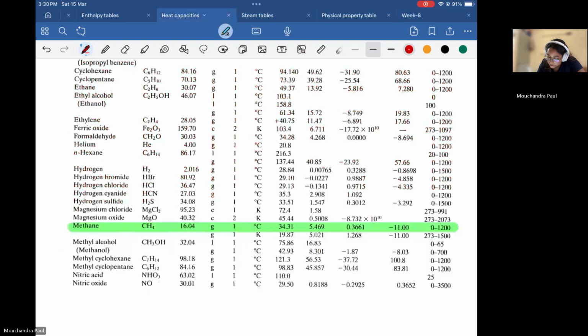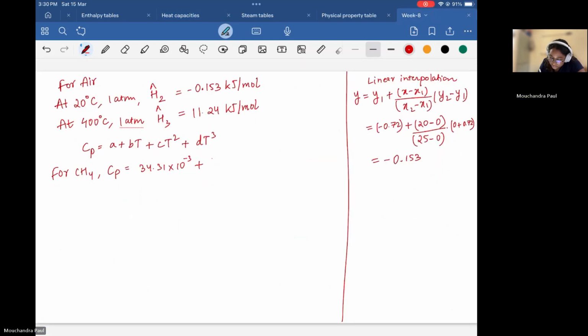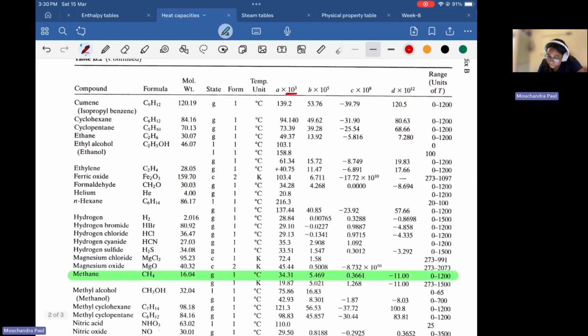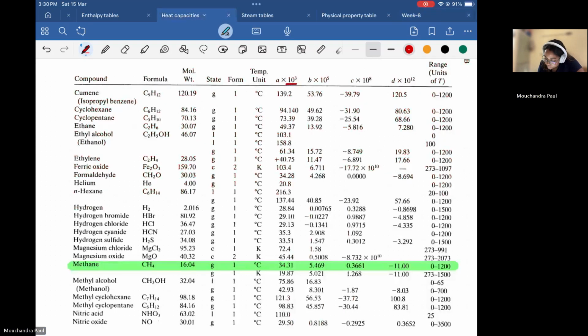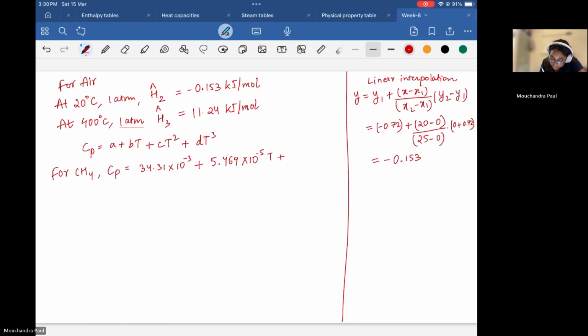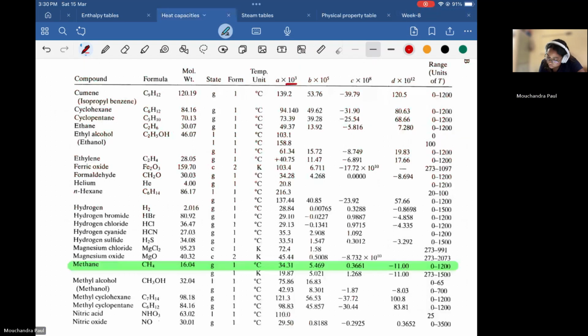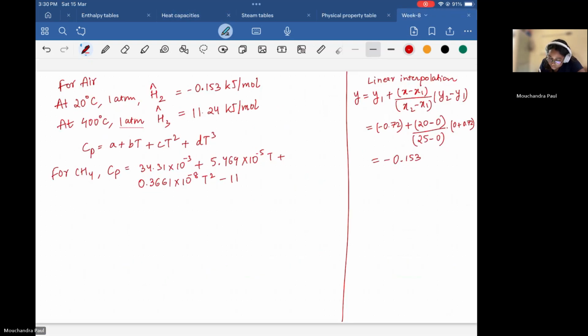B is 5.469 into 10 raised to the power minus 5, plus C, that is C, 0.3661 T square, minus 8 T square, minus 11 T cube.